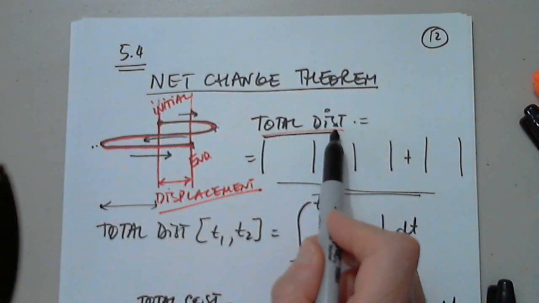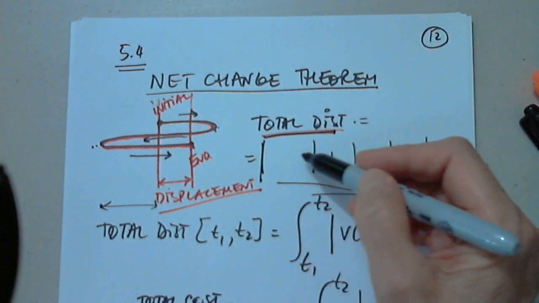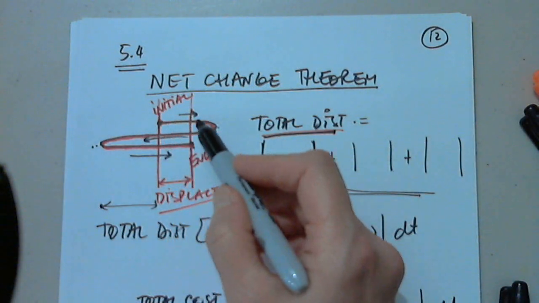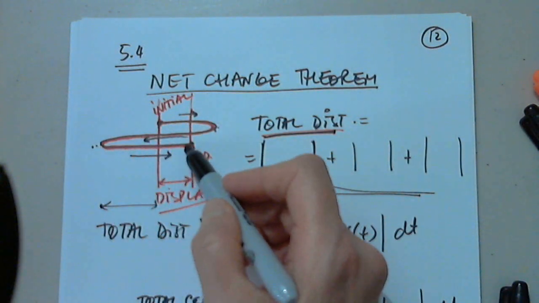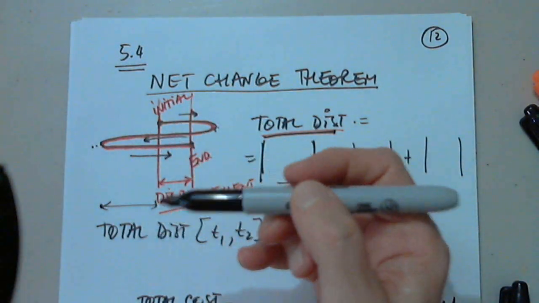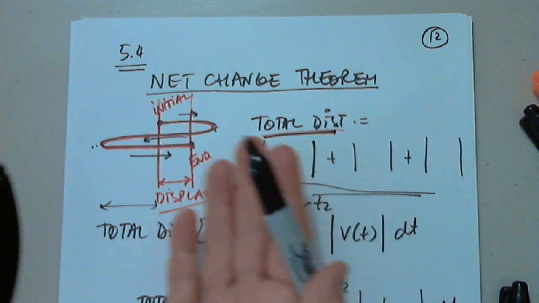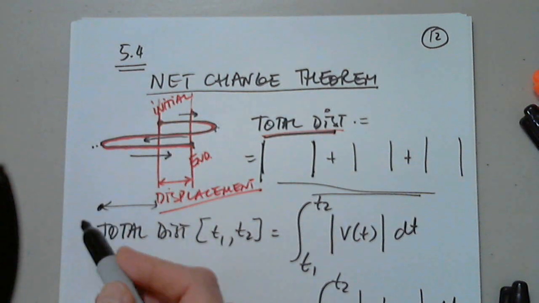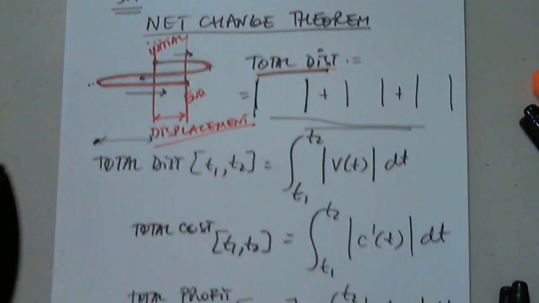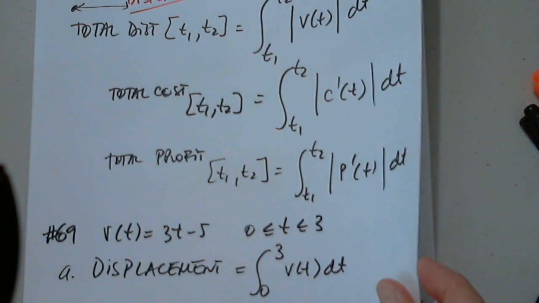But the total distance will never be negative because it's an absolute value. It's this distance plus this distance plus this distance. The displacement could be positive if the end point is on the right, and negative if the end point is on the left of the initial one. So let's see what we get.